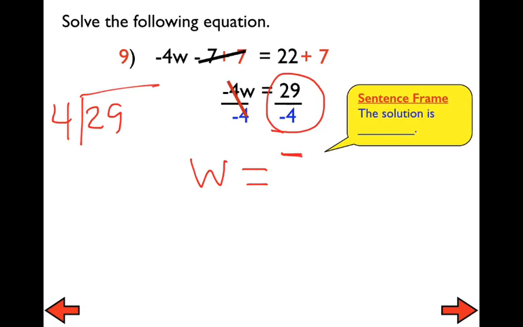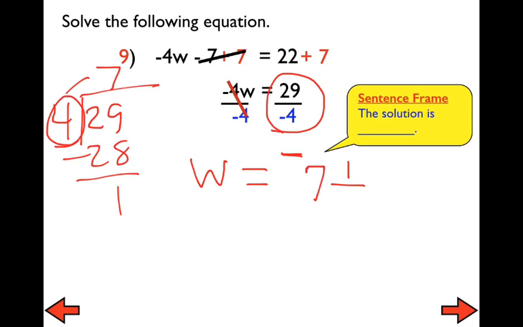29 divided by 4. 4 goes into 29 7 times. So we know our solution is going to be negative 7 and then some fraction. 4 times 7 right there is 28. We subtract. Our remainder is always the numerator, and the divisor, the number that we were dividing by, is always the denominator.